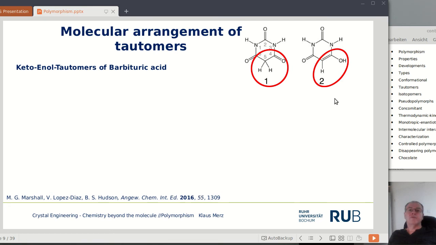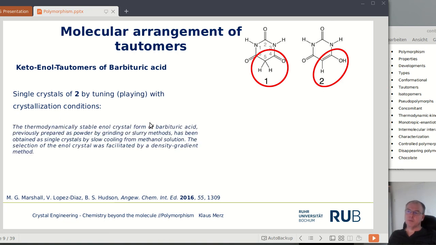And now we found the enol form. The question is how? This is typical for crystal engineering, thinking about crystals: by tuning the crystallization conditions. And this is copy-paste from the abstract. The thermodynamically stable enol crystal form of barbituric acid, previously prepared as powder first by grinding or slurry methods.